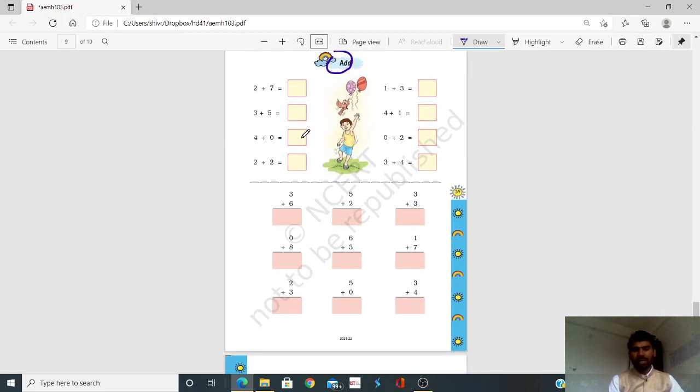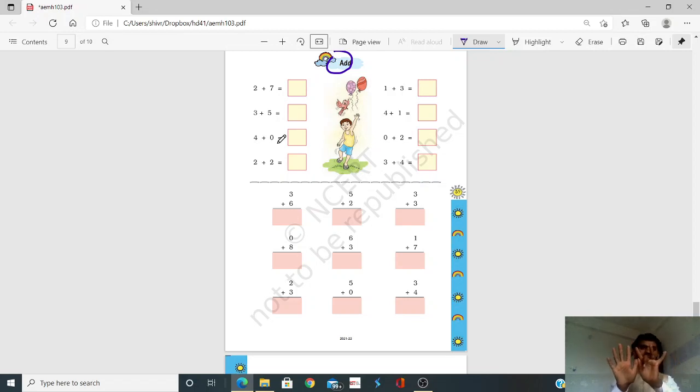This is very interesting when we make addition between numbers, right? 2 plus 7. 2 plus 7 means 9. How do we get the answer 9? You can see my hands properly. Here are 2 and 5 plus 2, 7.